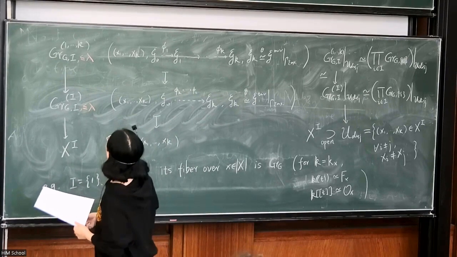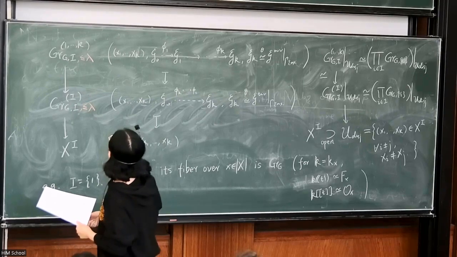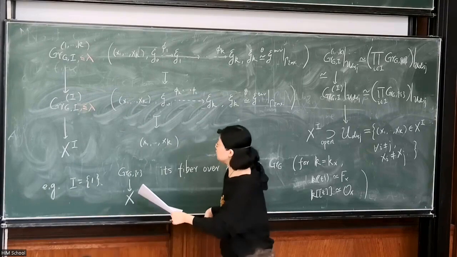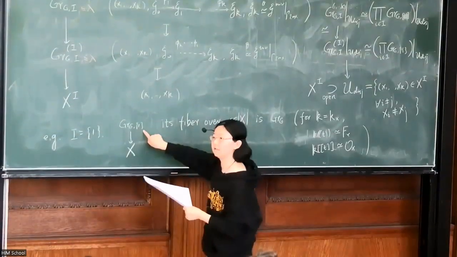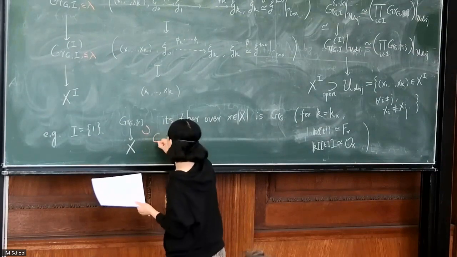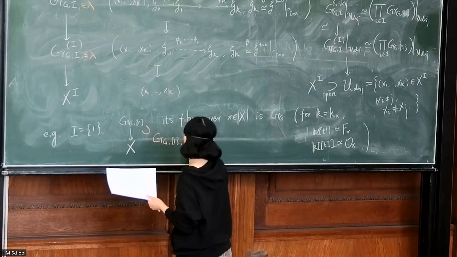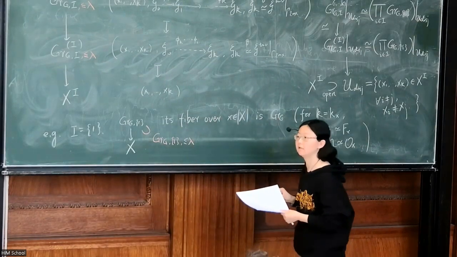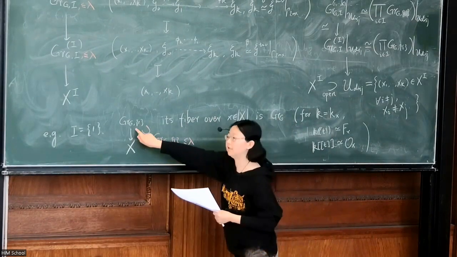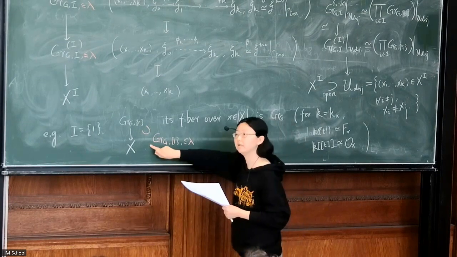Where does it live? It's this one. So inside there is this. Inside this one, I defined this closed subscheme.